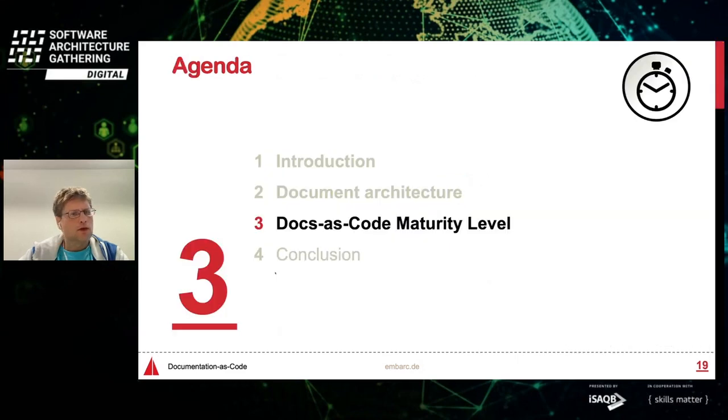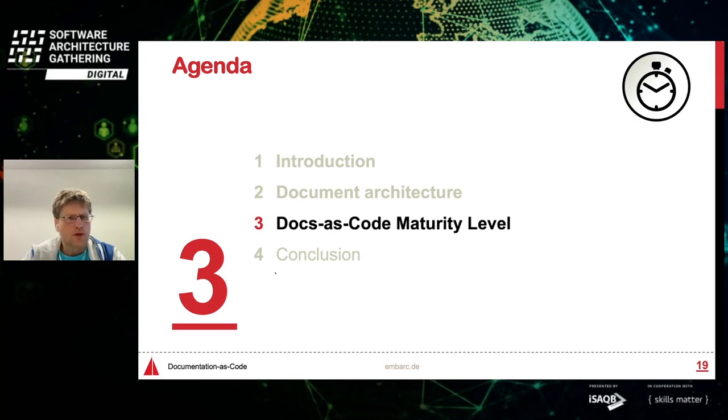So let's go to the current topic, which is called documentation as code. A friend of mine, Ralf Müller, had the idea to show something like a maturity level model. Maybe you know this from REST.